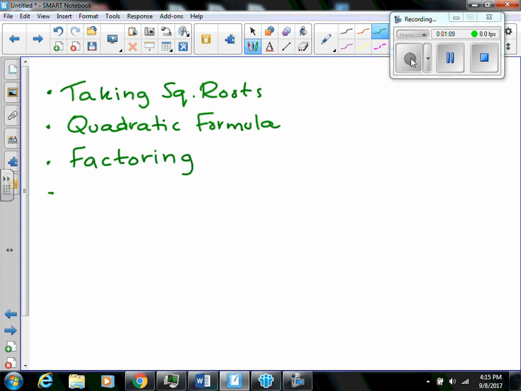Then we learned how to do it by completing the square. And then we did some graphing. So yesterday, well, not yesterday, yesterday in some classes, and then the day before in others, we did graphing.